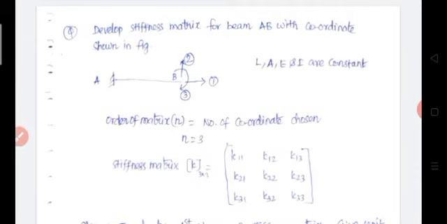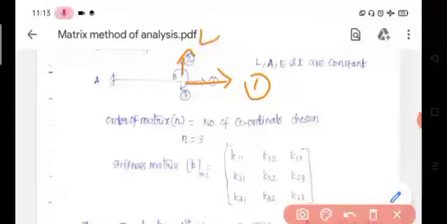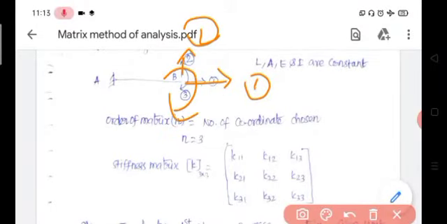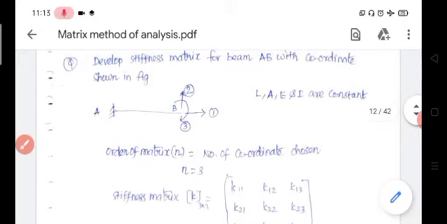At the free end, three coordinate directions are given: one along the x direction, another along the y direction, and the third is rotation, that is, moment or rotation about the z direction. The length, area, Young's modulus and moment of inertia of the beam are constant.